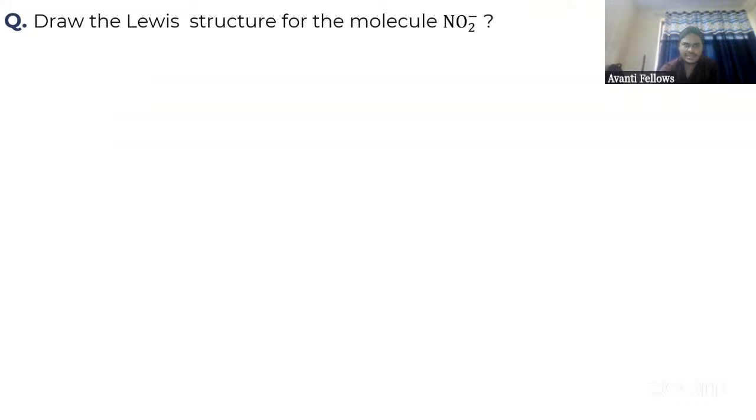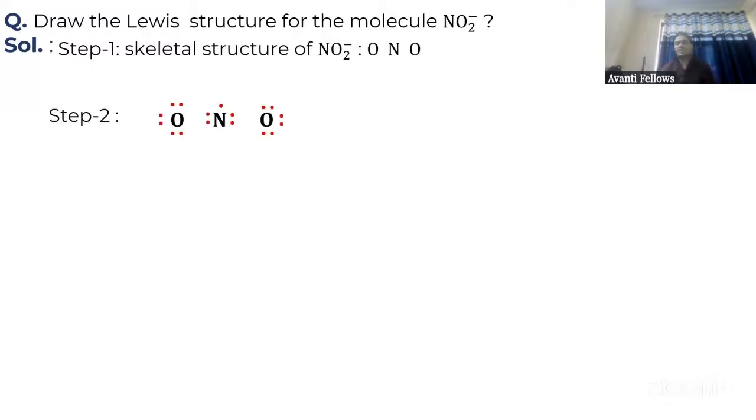Done. Now how will you draw the Lewis structure for the molecule NO2 negative? How will you draw the Lewis dot structure, beta? By which factor do we actually draw it? So we draw the Lewis structure for the molecule NO2 negative. How will you join, beta? First of all, in this NO2 negative molecule, we have to select a skeletal structure.